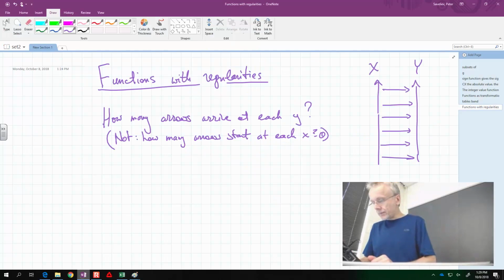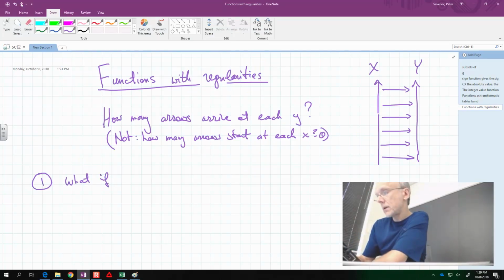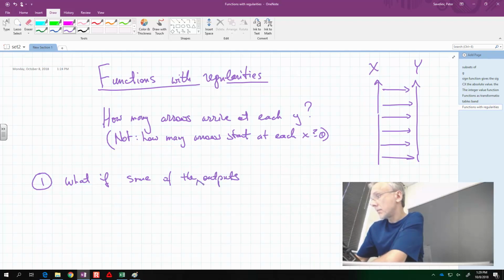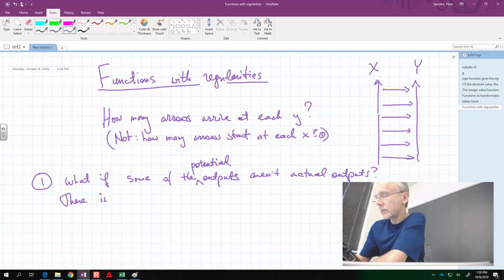So number 1, what if some of the potential outputs aren't actual outputs. So there is no x for this y.